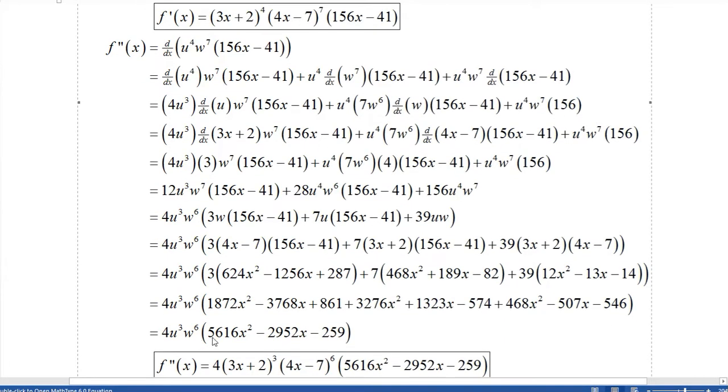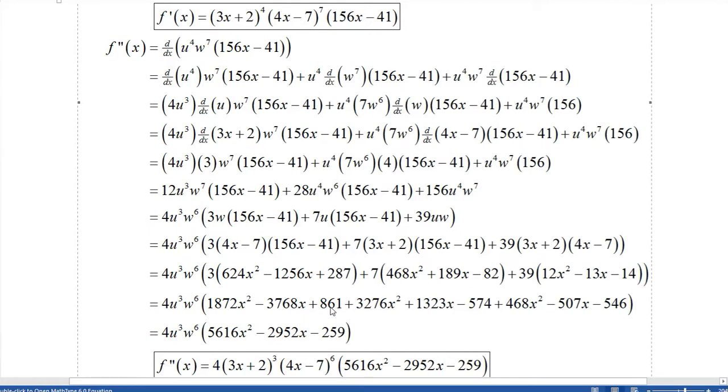And then combine like terms, get the x squareds together. There are 3 terms that have x squared. Add their coefficients. Hopefully if I did that right, that's 5,616x squared. Then add the x terms together, this one right here, here, and here. And by my calculation, that's negative 2,952x.